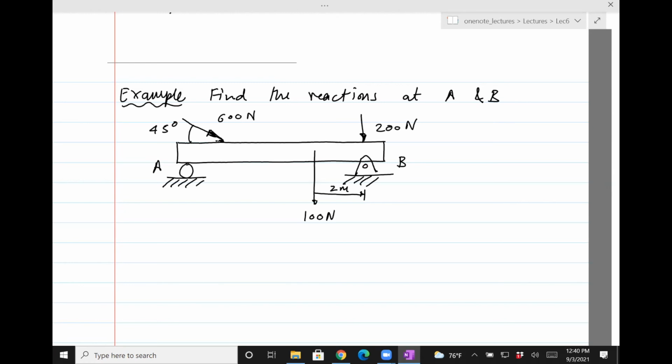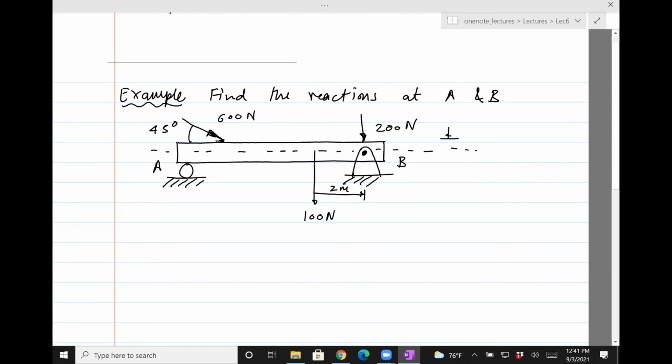Okay, and then this is needed here. This is the center line. Slight change in the way I drew this. This pin joint is right here in the middle, and then this force is on the surface.